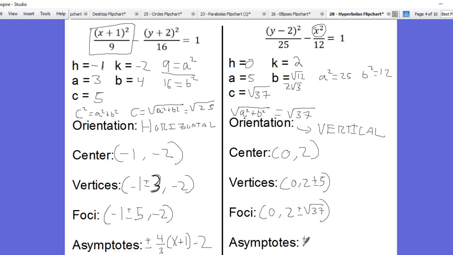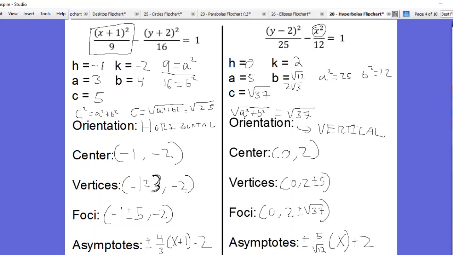So the asymptotes are going to be y equals plus or minus, not b over a, but a over b, 5 over the square root of 12, times x minus 0, so we just keep that as x, plus k, which is plus 2. So those are the asymptotes. And once again, this can be done efficiently by drawing our hyperbola.